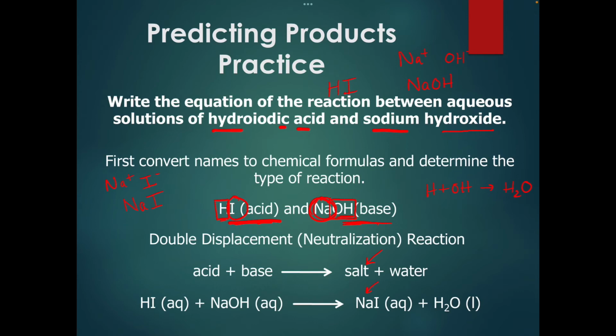For that same reason, sodium iodide is aqueous because it has sodium. And then our last one is water. Anytime you see water, water is always going to get a cursive L. Water is going to be a pure liquid. All other, quote unquote liquids, we give the term aqueous because there's stuff dissolved in water. But anytime you write water, you're going to write a cursive L to indicate that that is a pure liquid.